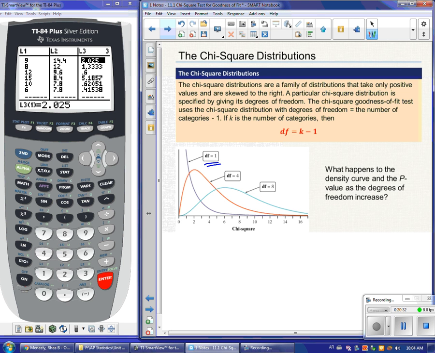A particular chi-square distribution is specified by giving its degrees of freedom. It's not going to be a single variable, but I would just say the chi-square distribution with the degrees of freedom would be how you would identify it.